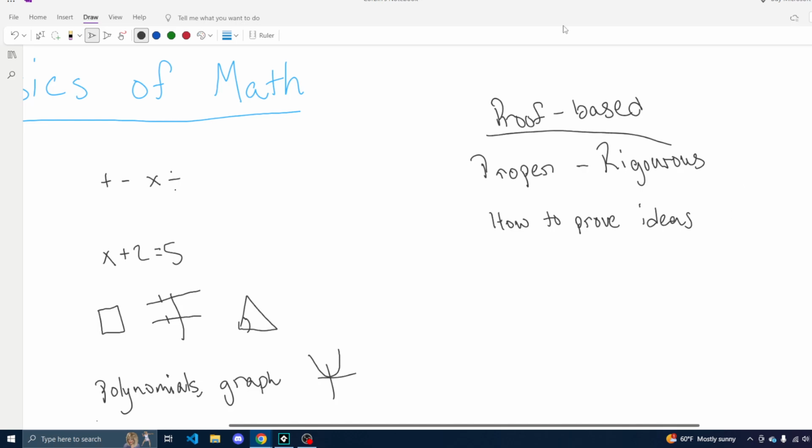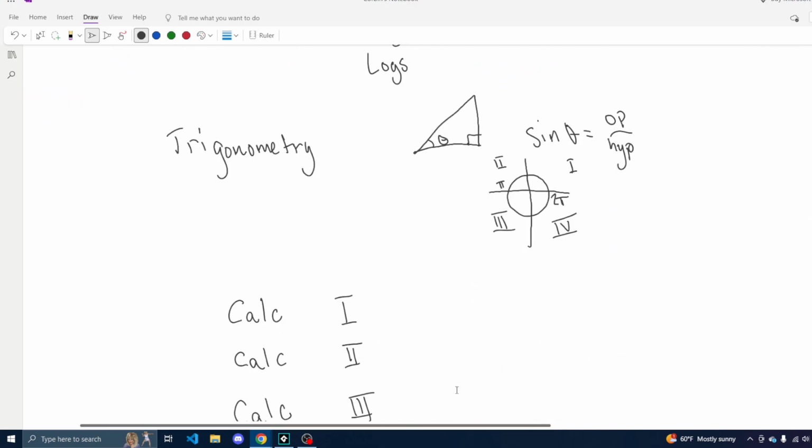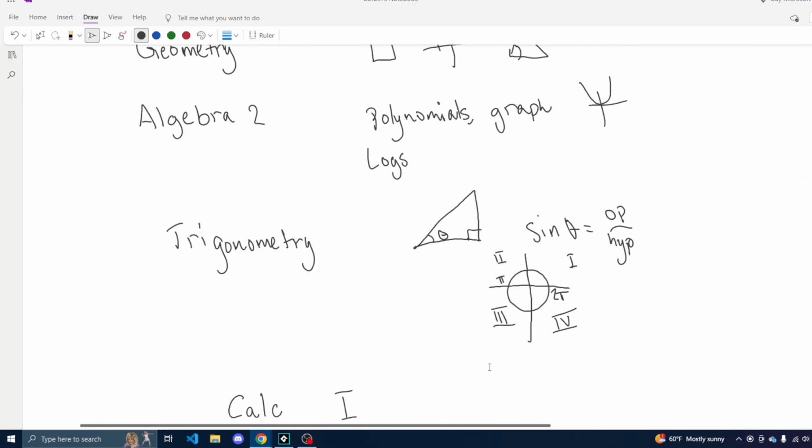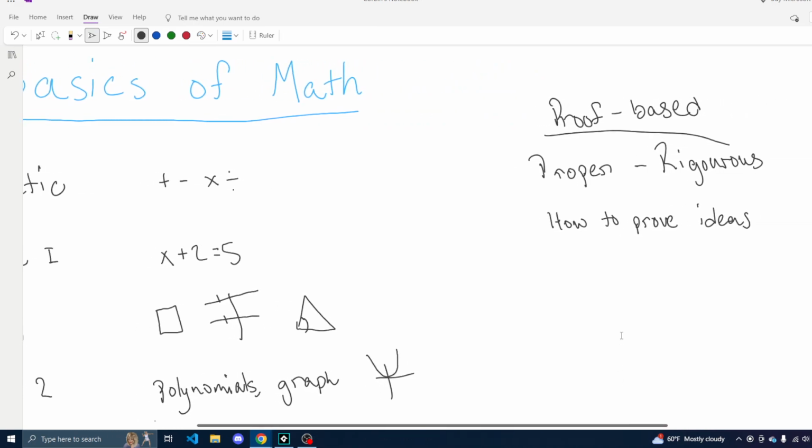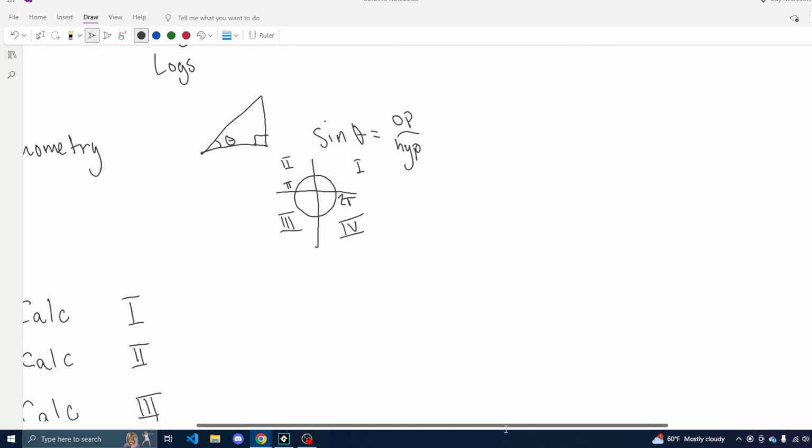This proof-based math really allows you to look at math from a different angle. You're not just plugging and chugging like you are over here anymore. Instead, you're really understanding the ideas that you're learning and learning why we use them, as well as what makes them proper and right.